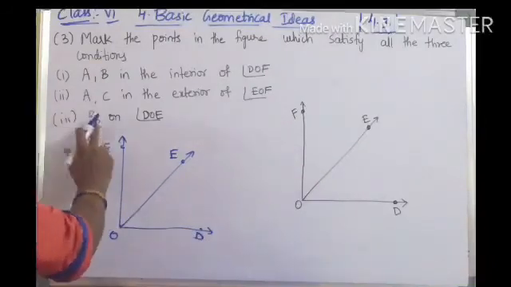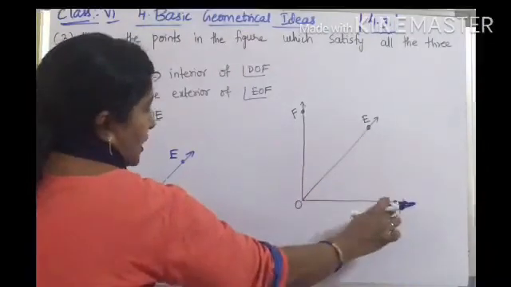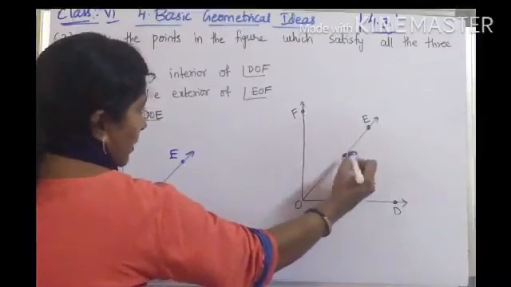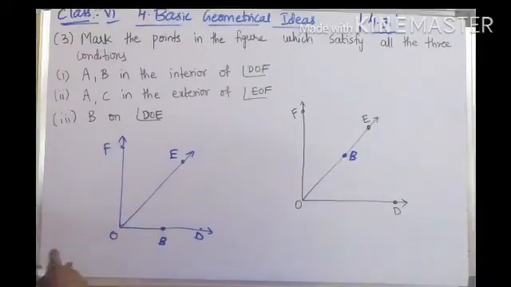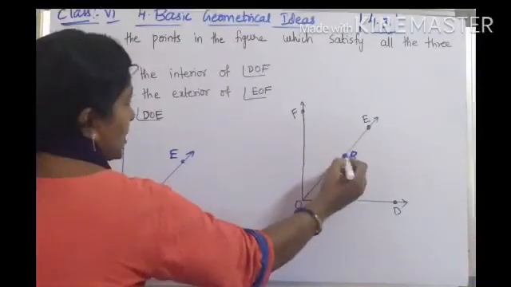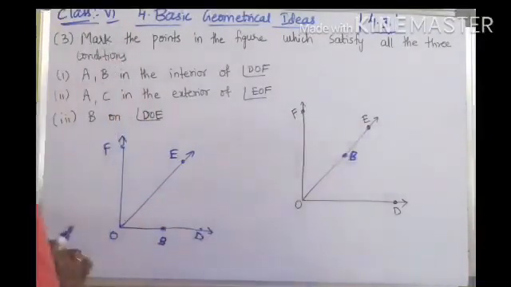Now B on DOE, which is angle DOE. So I can write B on this one or here I can write. Is that clear? We will see finally which is correct. So B is on DOE. Here I have written B on the boundary, meaning on OE I have marked. Is that clear children? Everyone?